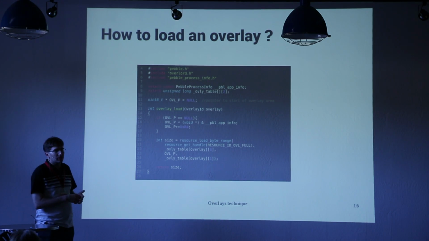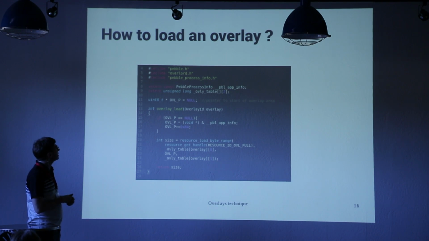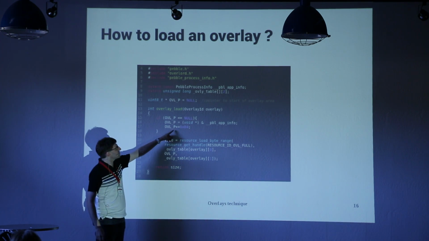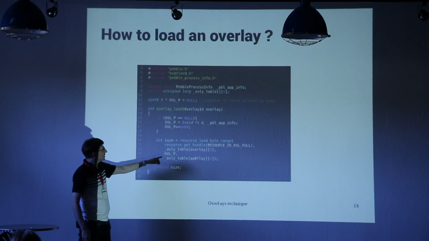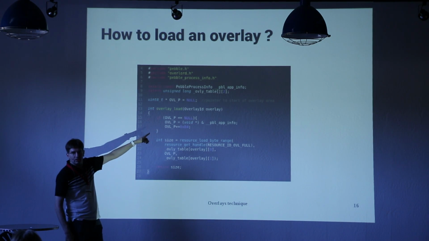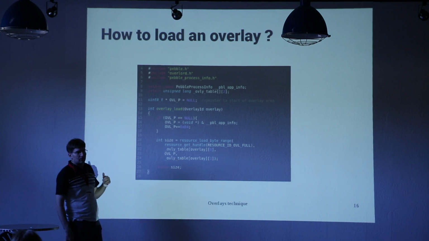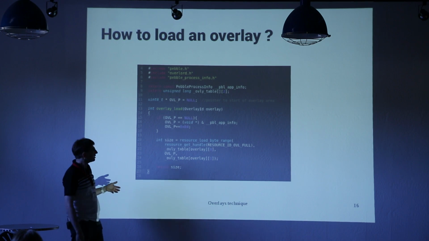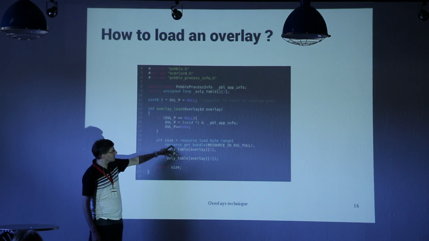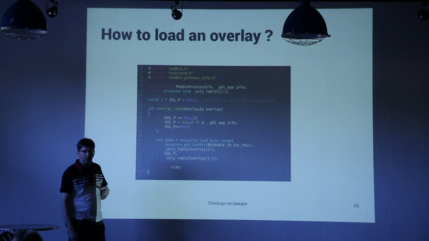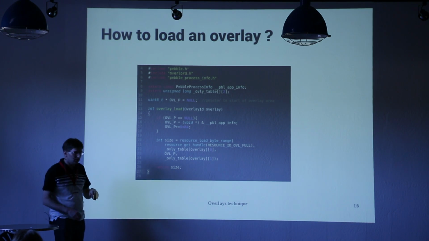Then in the program, this is the program part that loads the overlay. It just goes to this address, which is right after the header, and it reads according to the overlay ID. It's like the first overlay, the second overlay. The addresses of the overlays are in the table, so it just loads from resources directly into this pointer of memory, which is the memory that I allocated for it. This is the exact address that it should start with, so I just load it from resources directly into there.